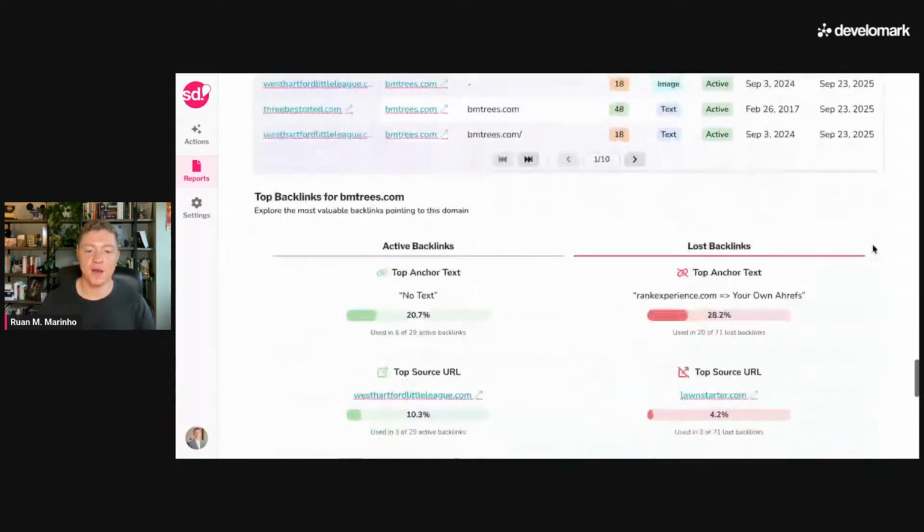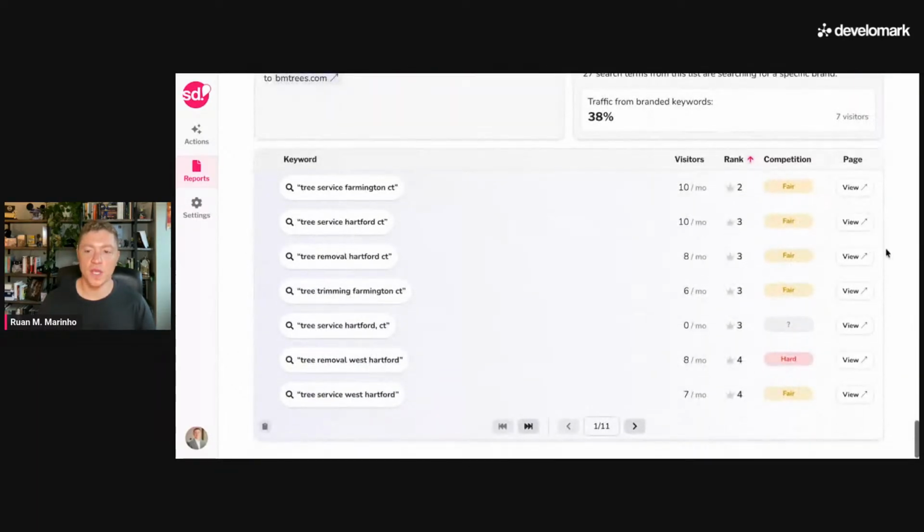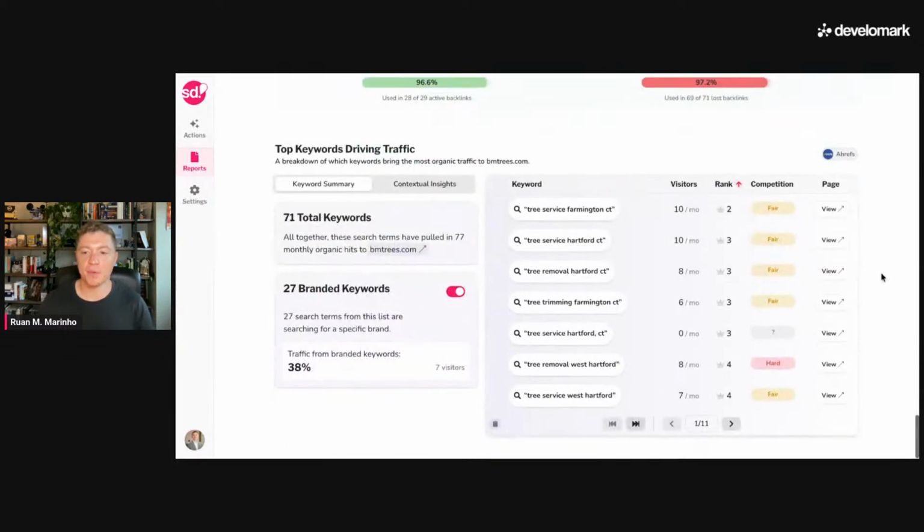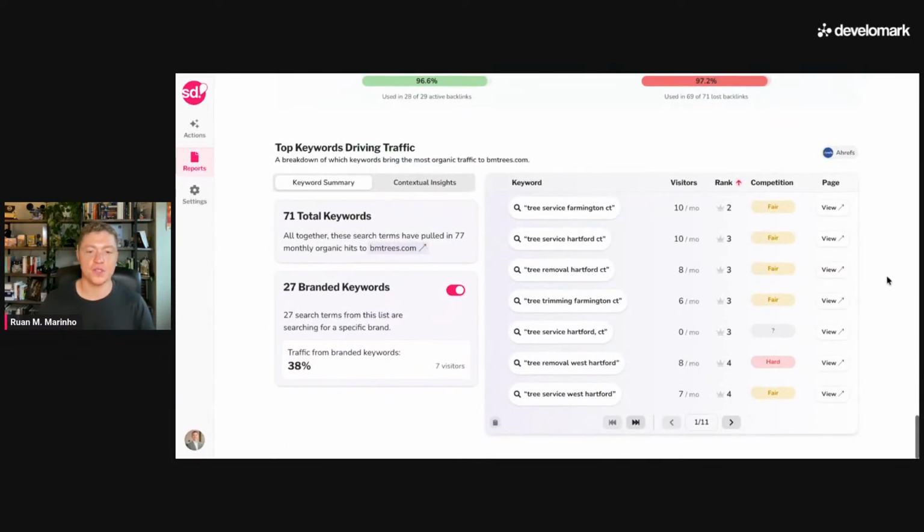And then from there, we may want to look at the total keywords that they're currently ranking for. As you can see, they're actually ranking pretty well for a lot of keyword phrases. So you would want to preserve a lot of the rankings here, such as tree service Farmington, tree service Hartford. They're actually ranking really well for these terms, and that's because the site has a healthy amount of authority.